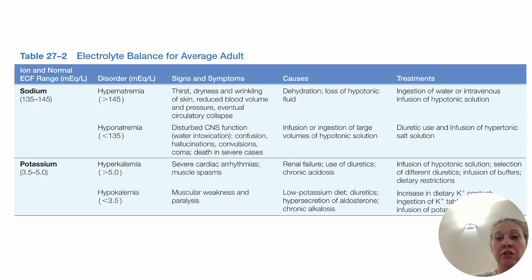The solution would be to increase a hypotonic solution and dilute that high level of potassium. Hypokalemia causes muscle weakness and paralysis, which could lead to a fatal outcome as well if it's not corrected. So you need to get some potassium, either through dietary potassium or infusions.